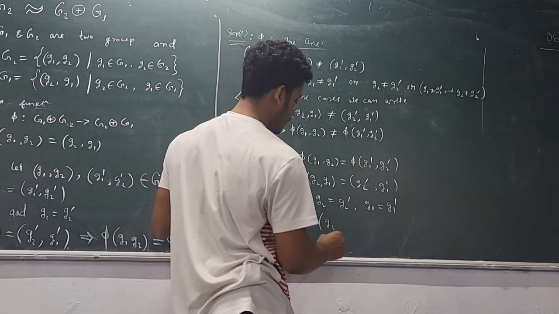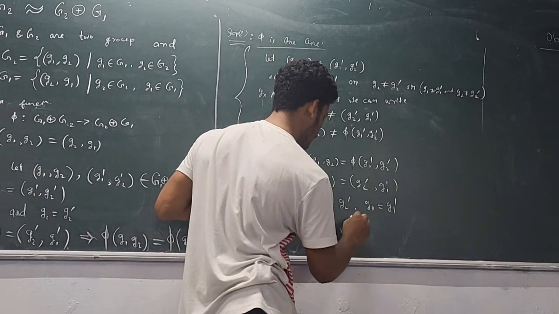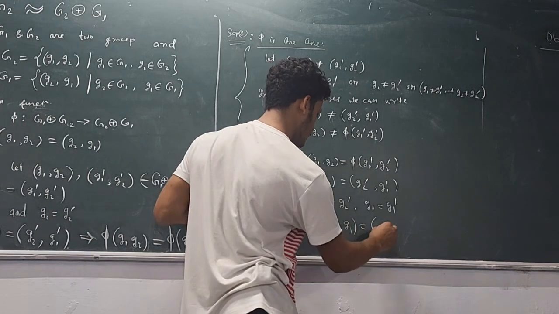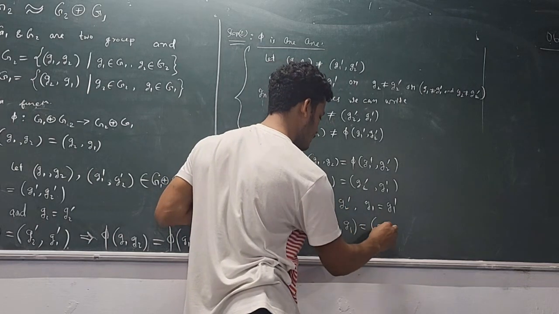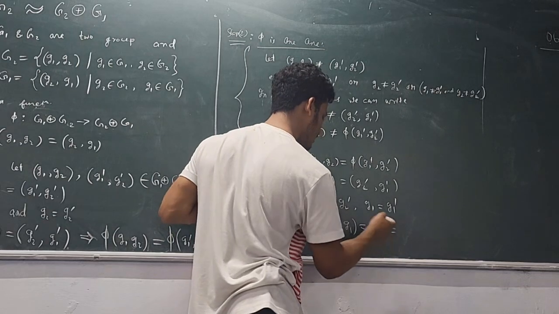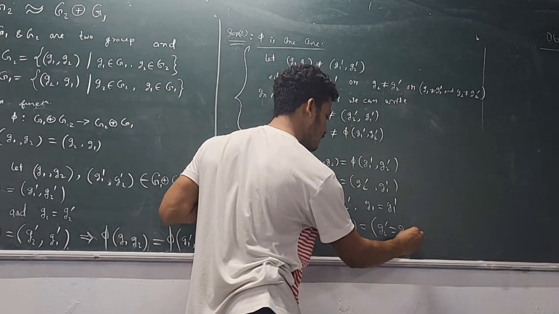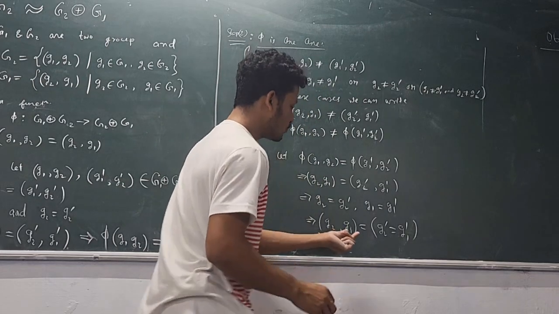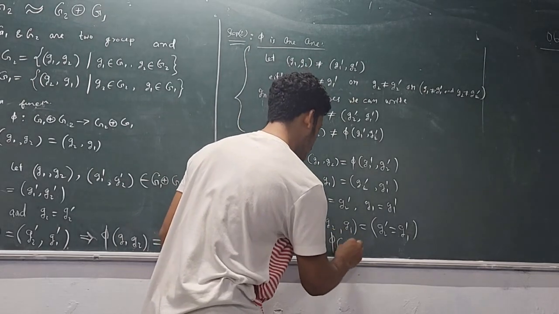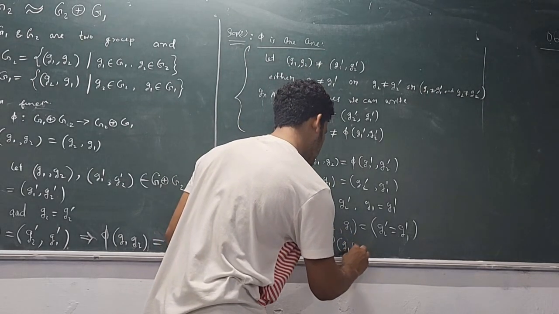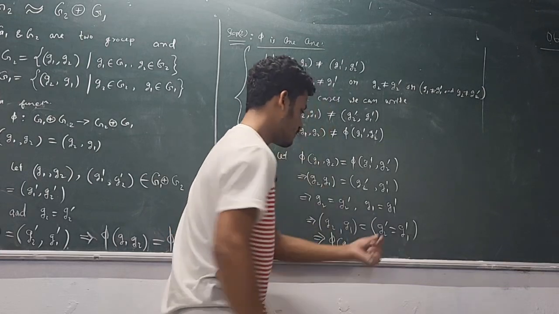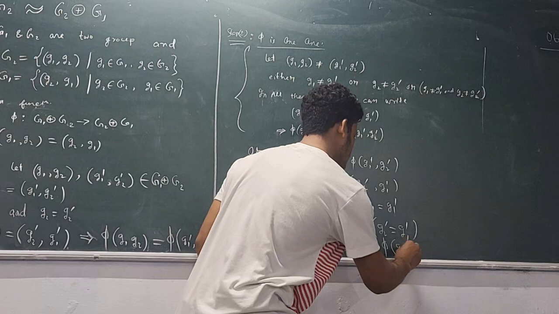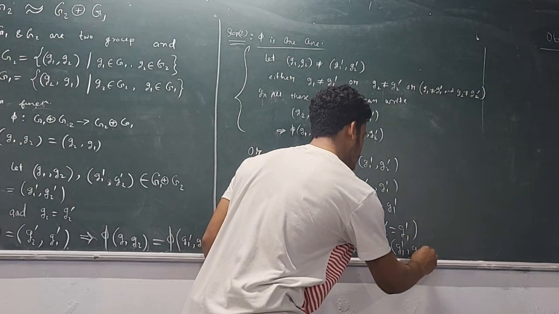In place of G2, write G2 dash, in place of G1, write G1 dash. And this is equal to G2, G1. That means phi of G1 comma G2 equals G2 dash, G1 dash, which means phi of G1 dash comma G2 dash.